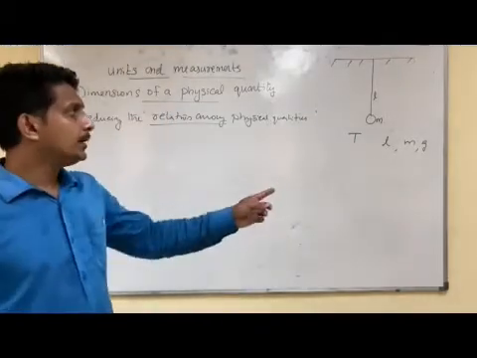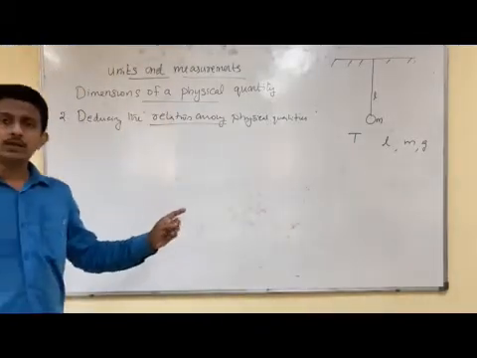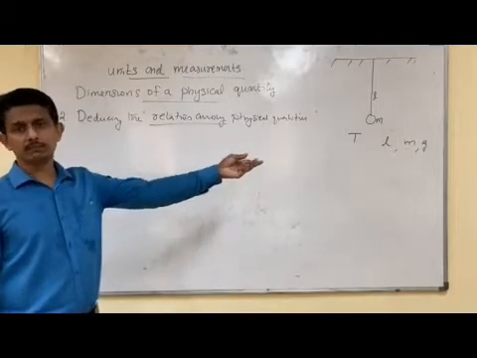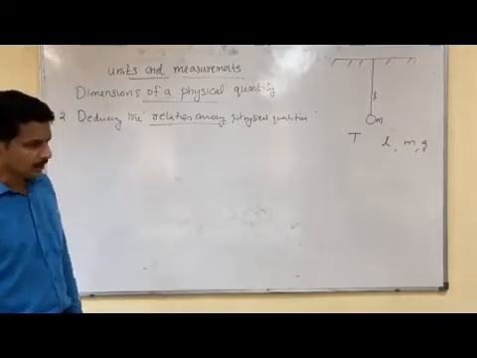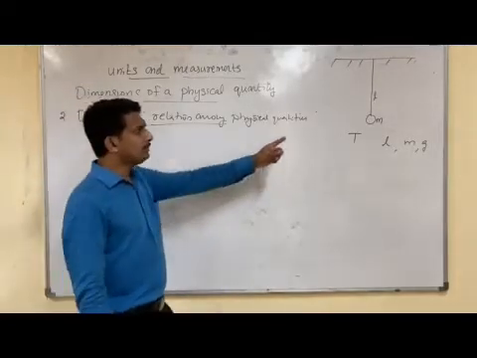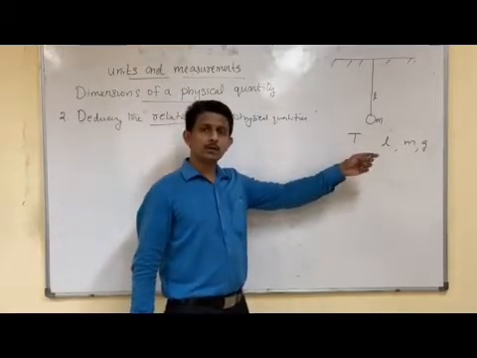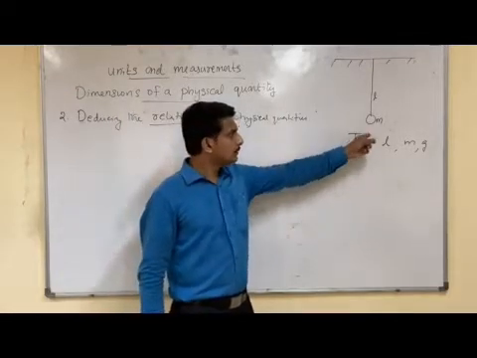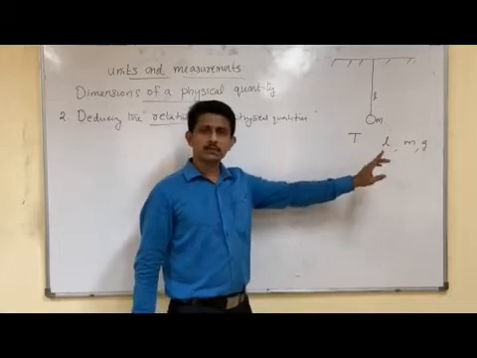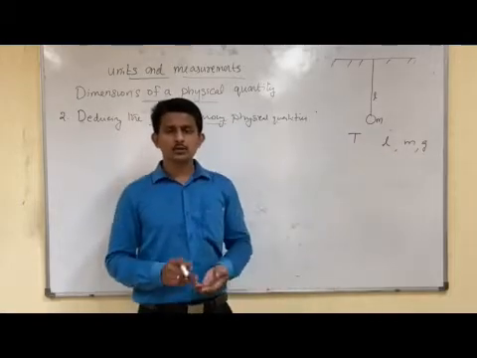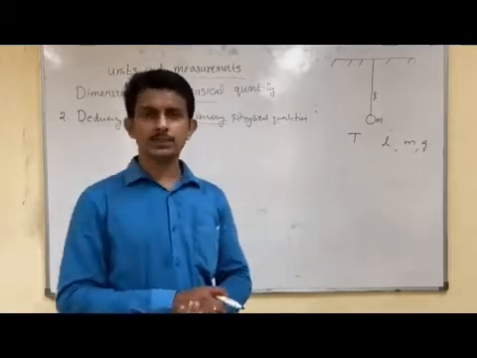By using this data we can derive the equation for the time period of a simple pendulum. What I am saying is that the time period depends on the length of the pendulum, the mass, as well as the acceleration due to gravity. So we can find the expression for the time period.